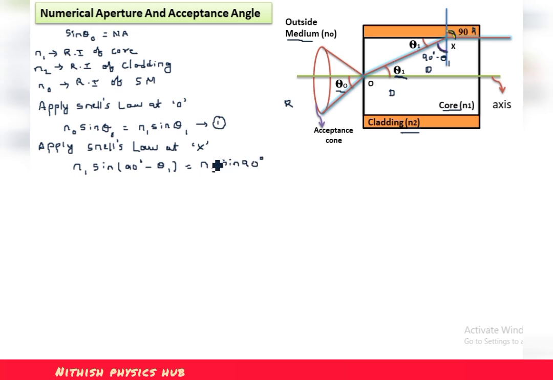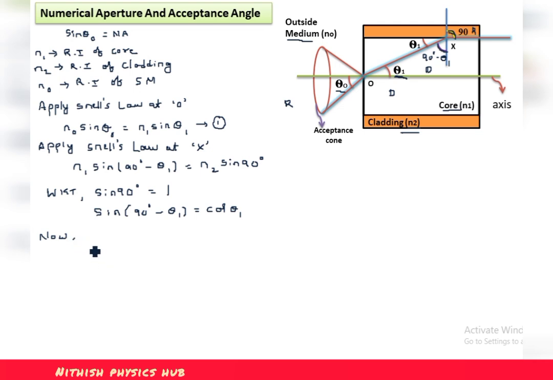So applying that in the condition, the equation becomes n1 cos theta 1 equal to n2, since sine 90 is equal to 1.